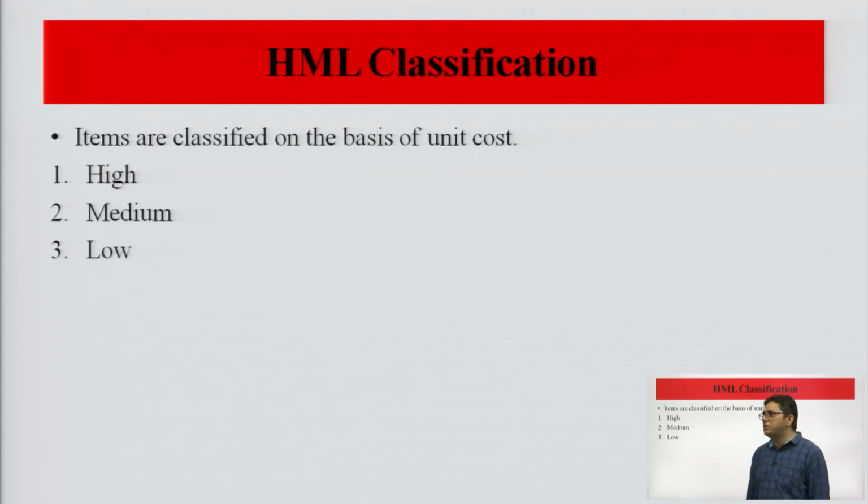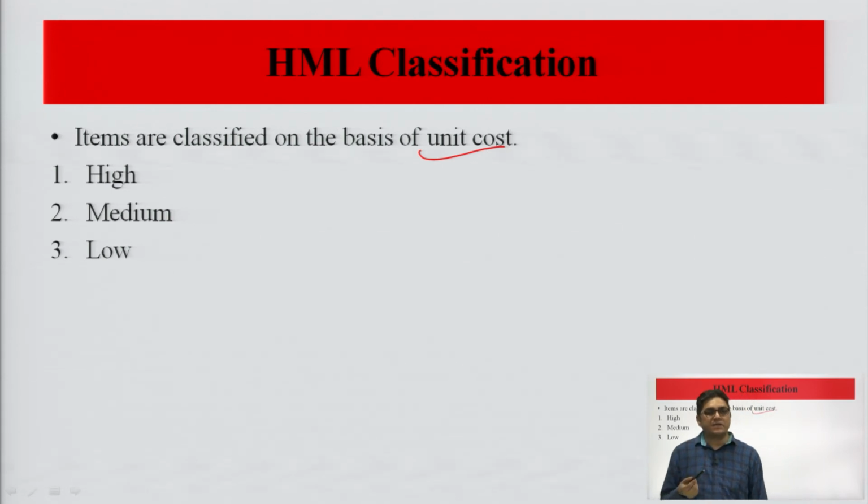Next classification, the third, is HML classification, and HML classification is based on the unit cost. We had discussed ABC classification, where we calculated overall cost by per unit cost and volume.